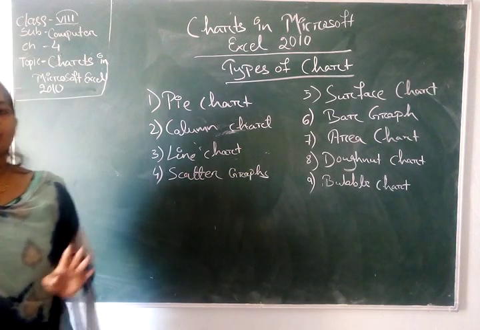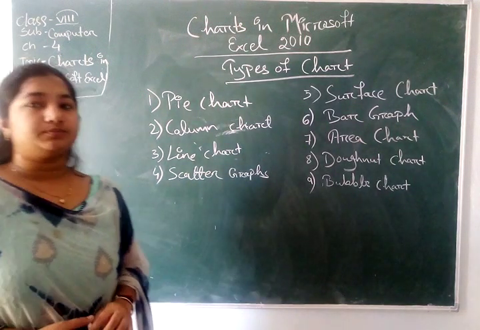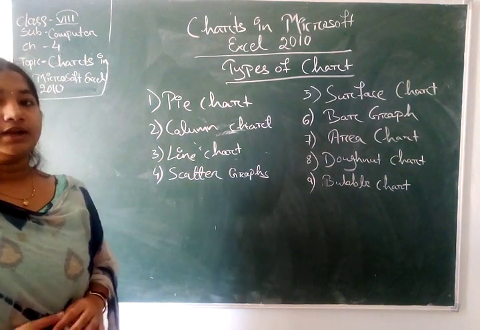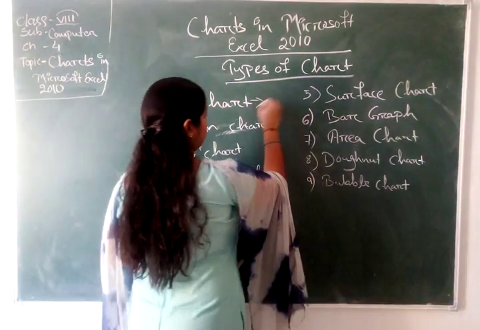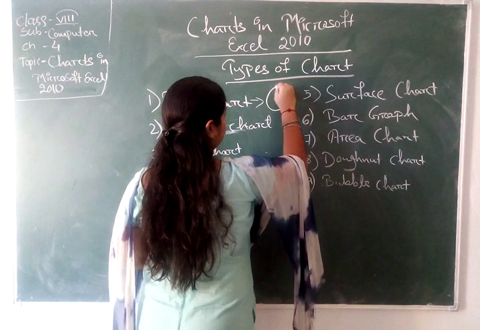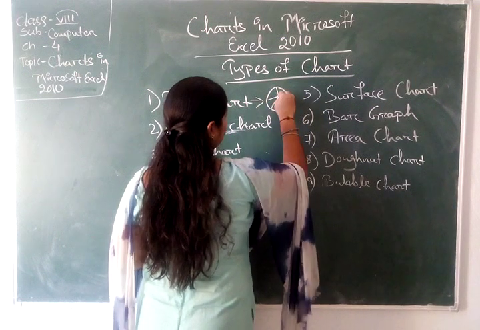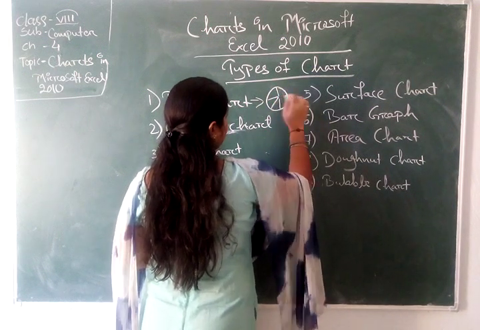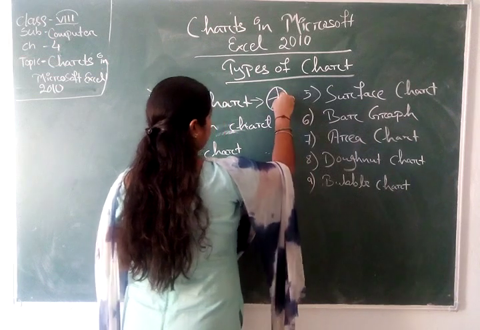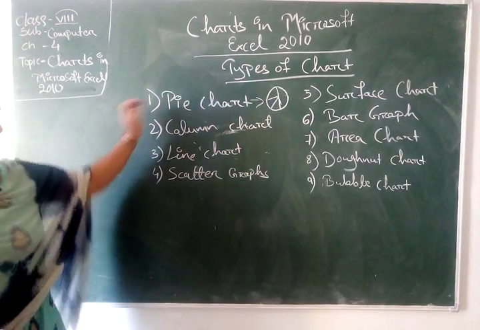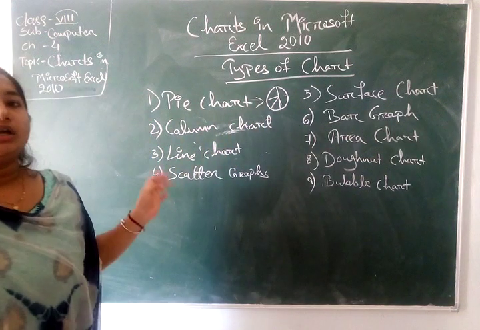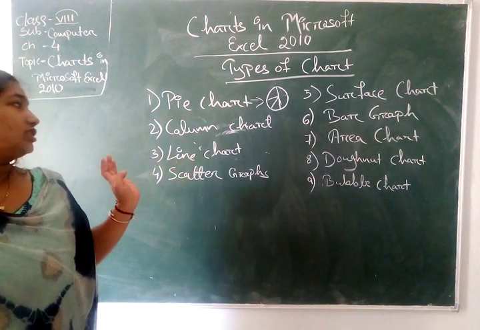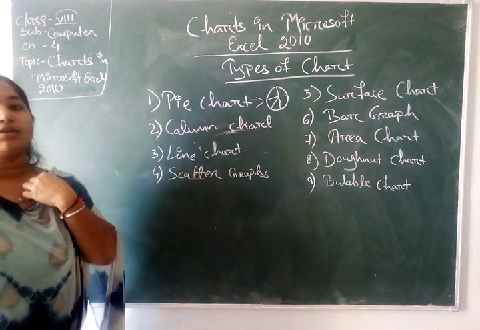It is very useful, and it represents data in the form of a pie. So this is represented like this, and we can easily understand by the help of a pie chart. So the next one is our column chart.